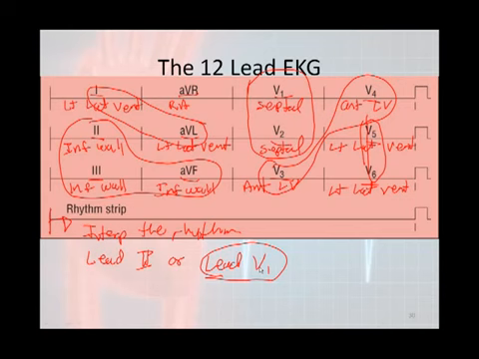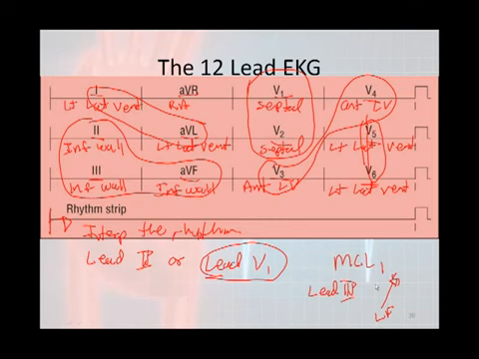Since we didn't have V1 on the monitors, what we used to do is use a lead called MCL1, a modified chest lead. You would switch the monitor to lead 3, and then move the left foot lead from the left foot up to the V1 location.